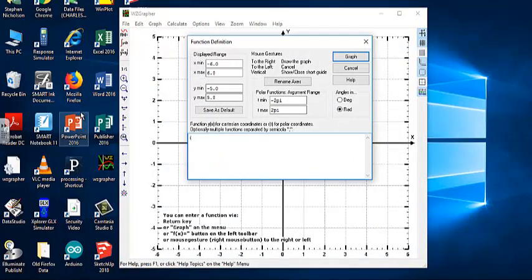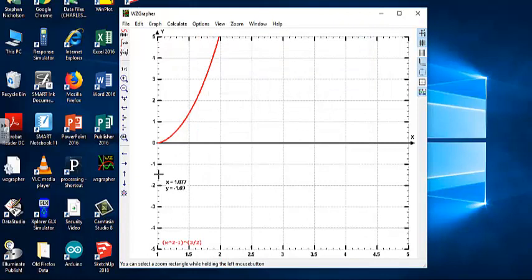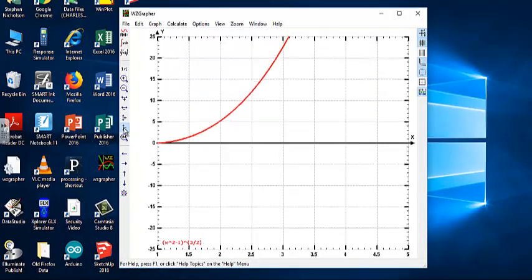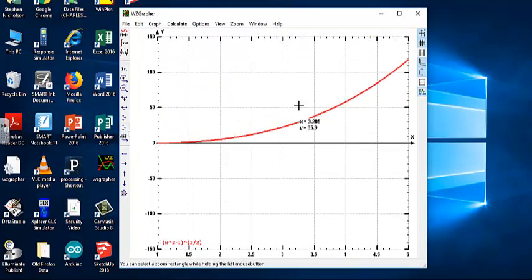So we're going to have x squared minus 1, whole thing raised to the 3/2 power, and we want to go from 1 to 5, and we're going to have to zoom out in the x direction.